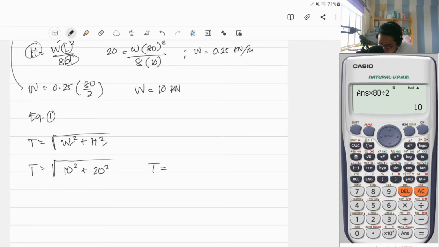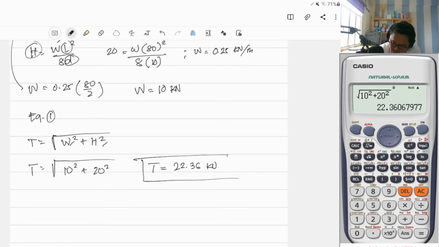The square root of 10 squared plus 20 squared equals 22.36 kilonewton. So this is the tension in the supports A and B, either one, because it is symmetrical. Whatever the tension in A is, that will be equal to the tension in B.